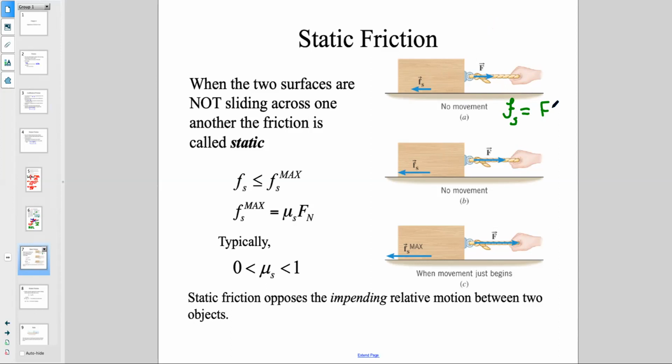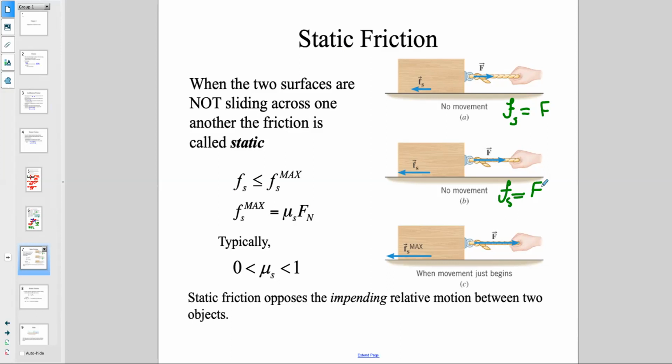You apply a little bit more, and you see the same result. The static friction will be equal to F. You apply a little bit more, and then it is about to move. The movement just begins.